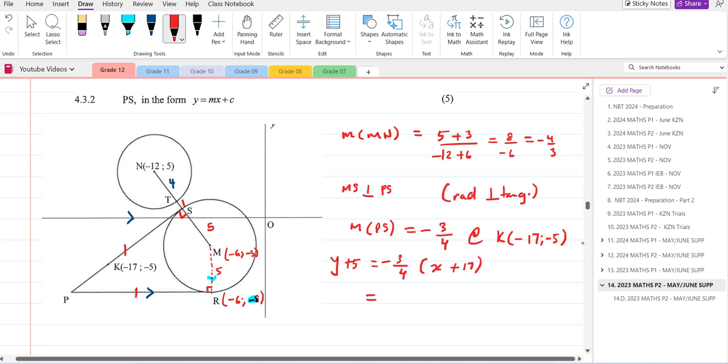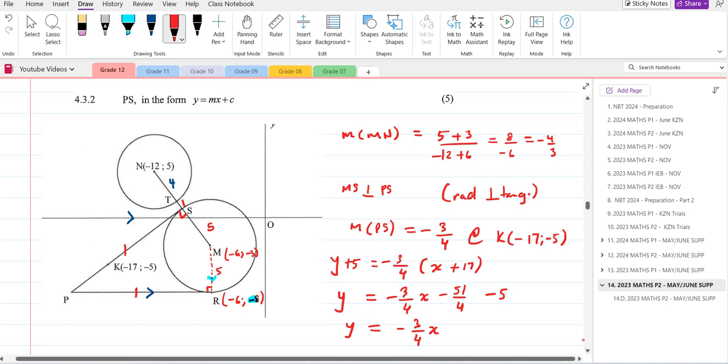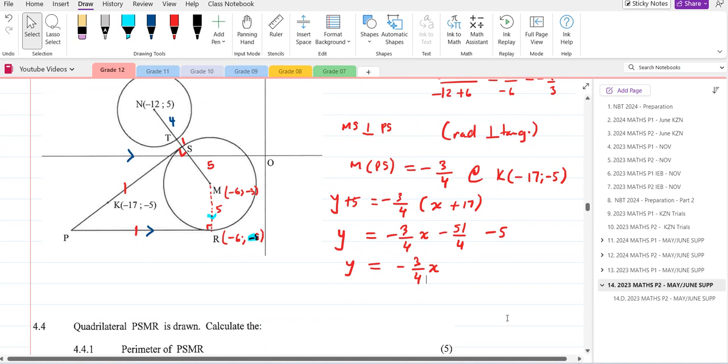Right, so we're going to open this up. So y is equal to, remember the 5 went over, minus 5, minus 3/4 x. 3 times 17 is 51, so minus 51 over 4. Okay, so we got y equals negative 3/4 x, minus 51 over 4, minus 5.